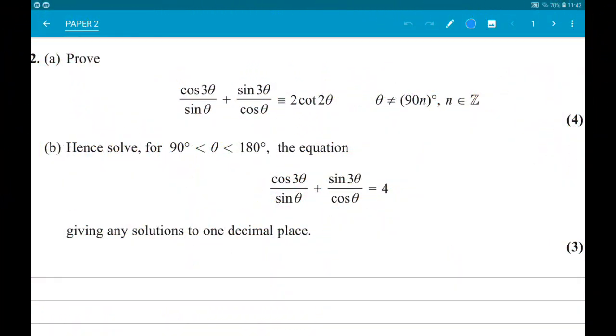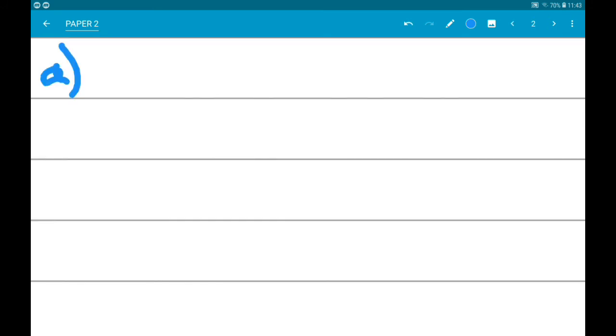A. Prove that cos 3 theta over sin theta add sin 3 theta over cos theta is identical to 2 cot 2 theta. Alright, so if we add the fractions, then to get common denominators, we need to multiply the first one by cos theta on top and bottom, and the second by sin theta on top and bottom.